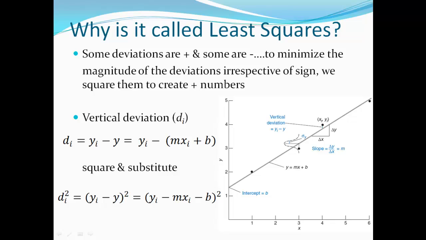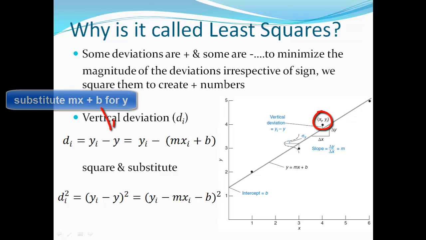How do you compute vertical deviations? You take yi minus y, where yi is where the actual point is vertically, minus y, where y is what the point is on the line. So basically you're just taking the difference of the point from the line.